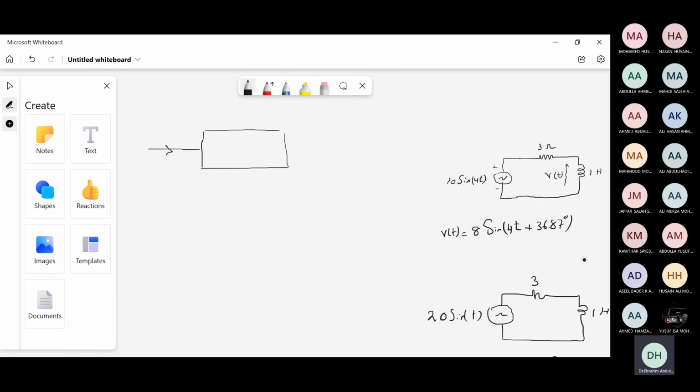This is my input, x of t, and this is my output, what I'm looking for. The input is a sinusoid, it is 10 sine 4t.